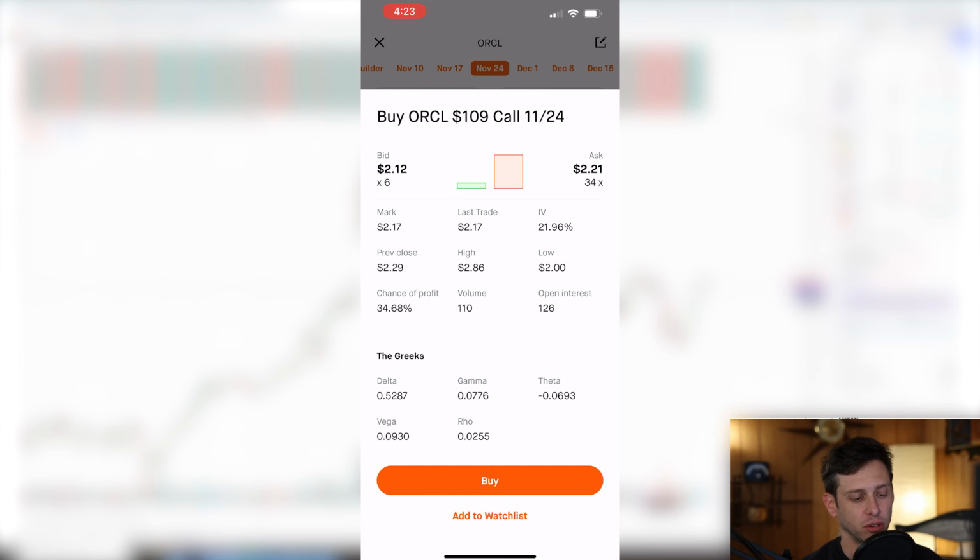That's what you're looking for: you want the bid and the ask to only be a couple ticks apart, which during trading hours is going to be much closer, probably within 2 ticks or 2 cents. As a side note, options move in cents, typically, most of the time, until you get up to $3, and then they go up in 5 cent increments.